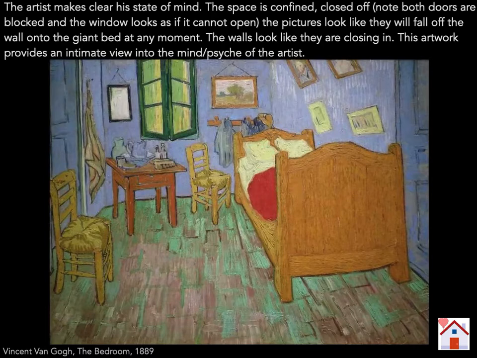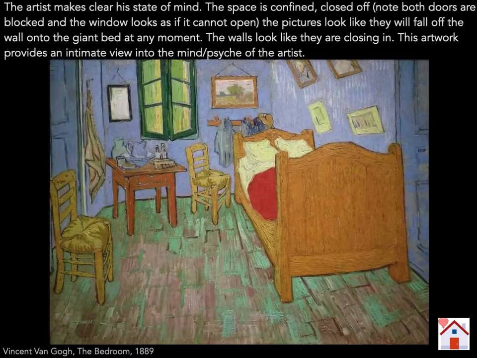And in this particular artwork, which we will talk about throughout the semester, he makes his state of mind quite clear. The space itself is confined. He closes off both doors. We have the door on the left closed off by the chair. We have the door on the right closed off by the bed.